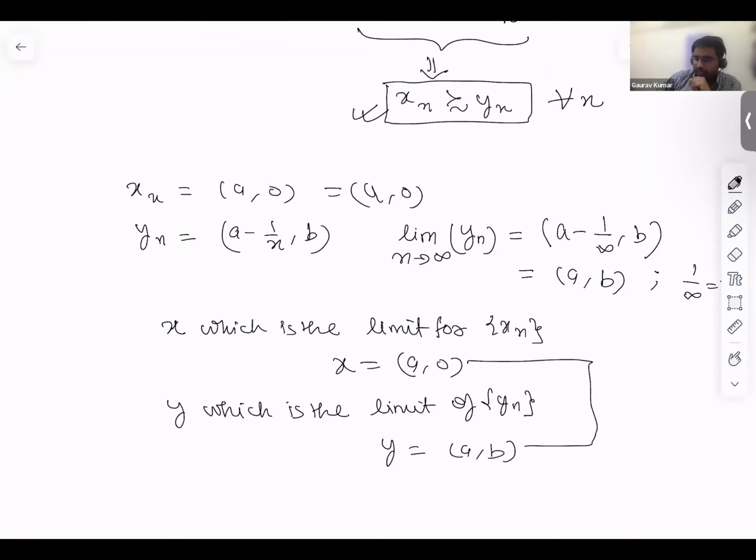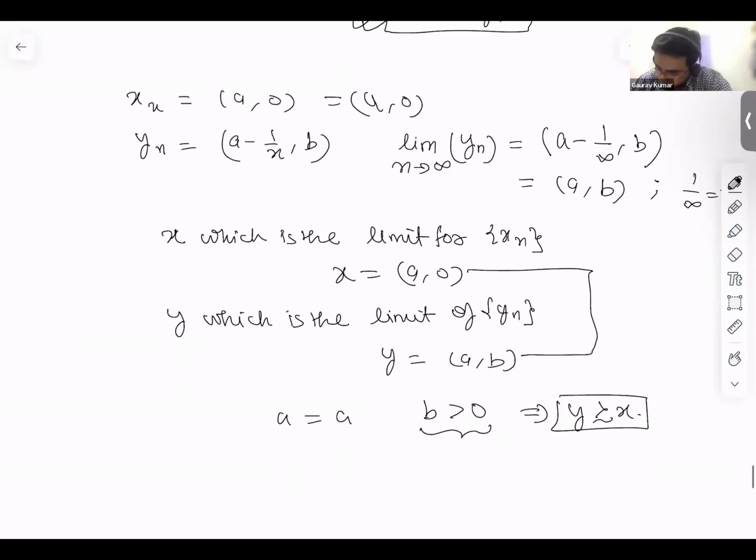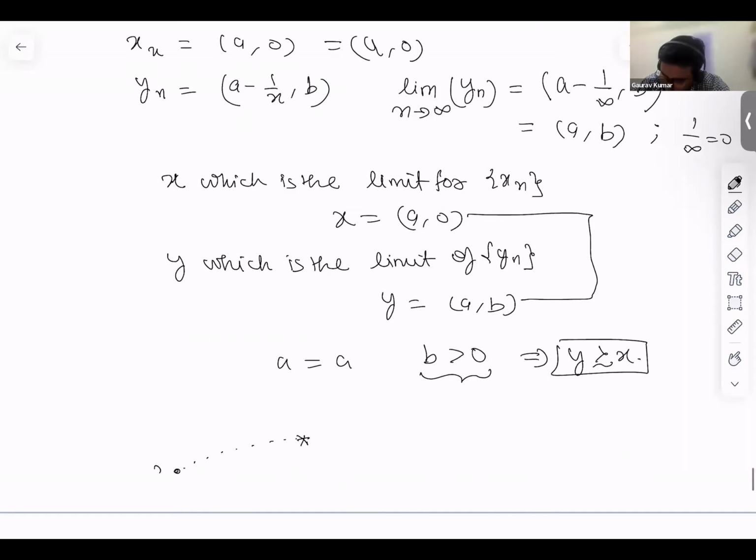Okay, so now we have these two things, the limit of the sequence x_n and the sequence y_n, and when you compare, you will see that the first argument is a and it's equal, but the second argument is b and that is greater than 0. So what we conclude is y is preferred over x. Now suppose this is a sequence with infinite terms, converging to some point, and this is the sequence y, also converging to some point.